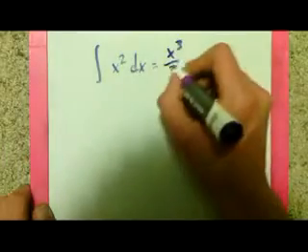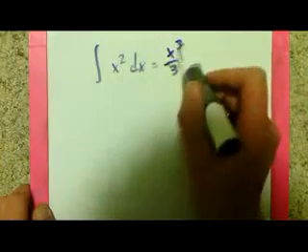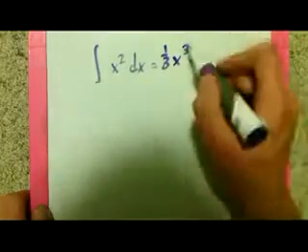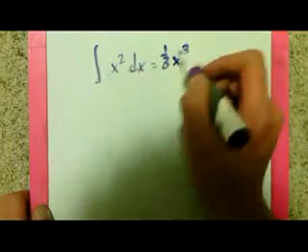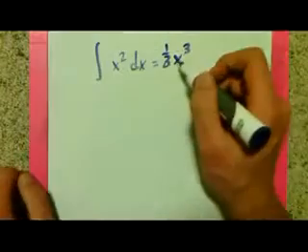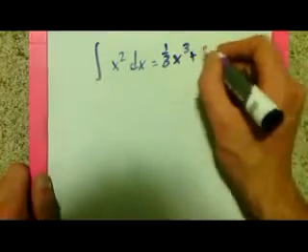You guys can do this out for yourself. In fact, it might be easier just looking at it. 1/3 x to the third. Multiply that down equals 1. 3 minus 1 is 2. Okay, we're good on that. Now, that is indefinite, so it needs a plus c.